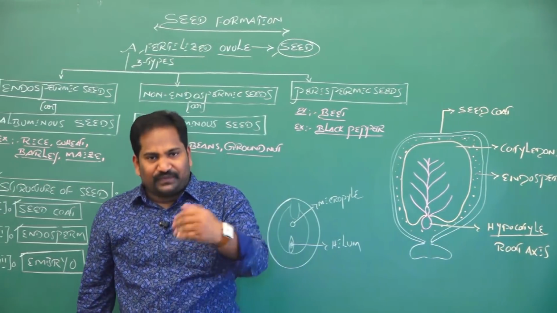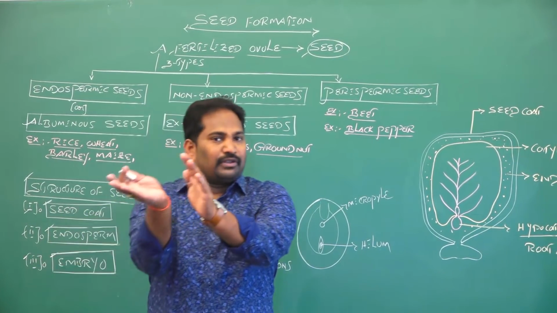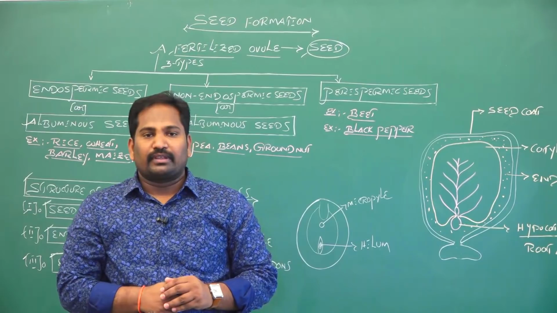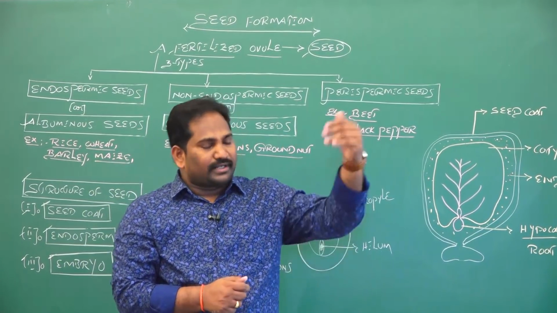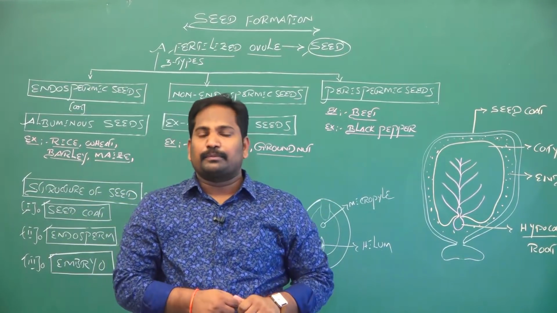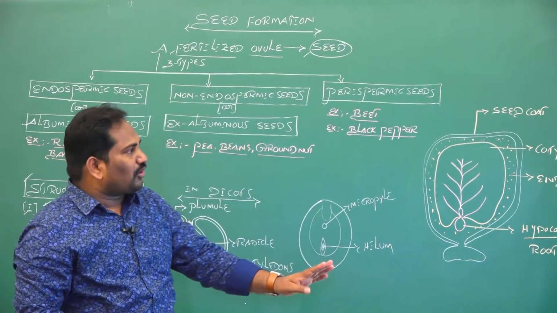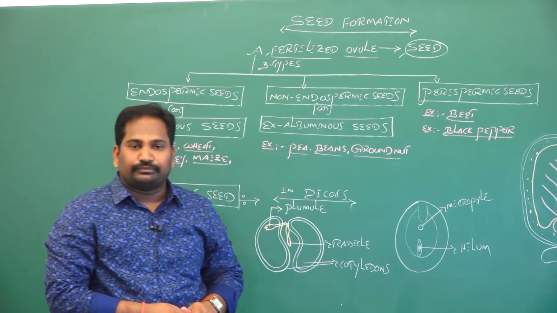When the ovule is fertilized, along with the ovule, the integuments of ovules also develop. The outer integument of ovule is converted into outer seed coat, the inner integument of ovule is converted into inner seed coat. The outer seed coat is called as testa, the inner seed coat is called as tegmen.